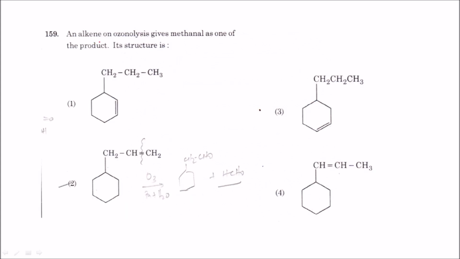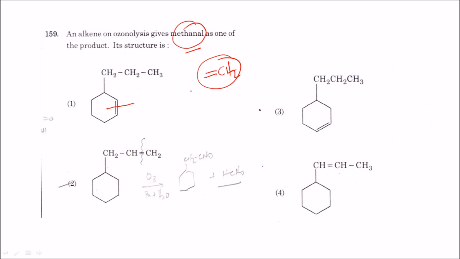159. An alkene on ozonolysis gives methanol, one carbon aldehyde, as one of the products. Its structure is? Okay, if you want to get methanol, it should have a terminal double bond, right? And you can see this is not possible here. If you break the bond here, we don't get methanol actually.